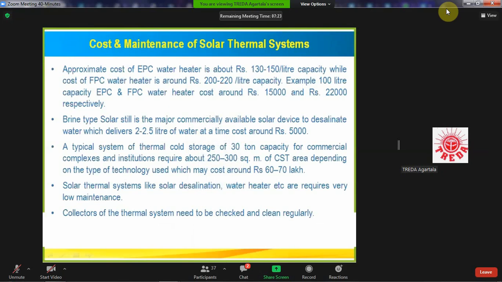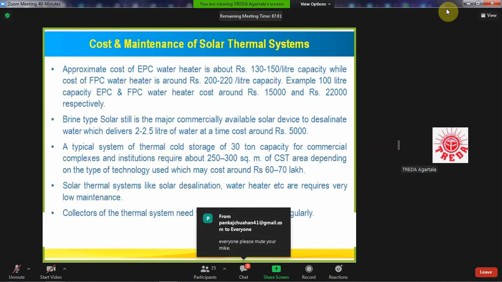The water heating system, the water heater collector, is manufactured with a range of 100 liters LPD, 100 liters per day. If you require more water, you can join 1 or 2 or 3 or 4 in series or parallel so that we can get more water.